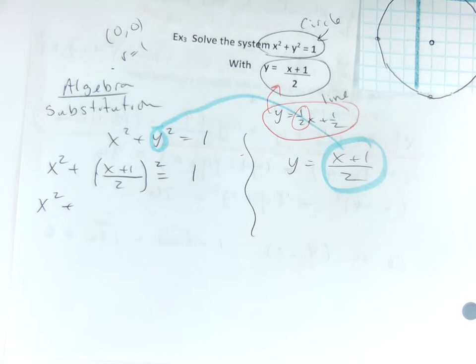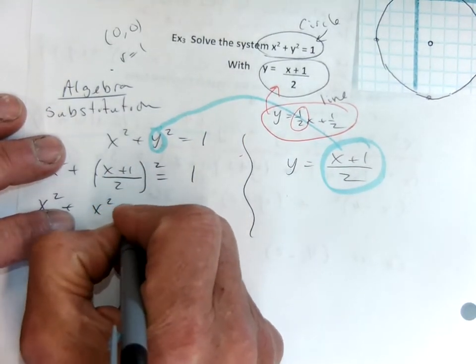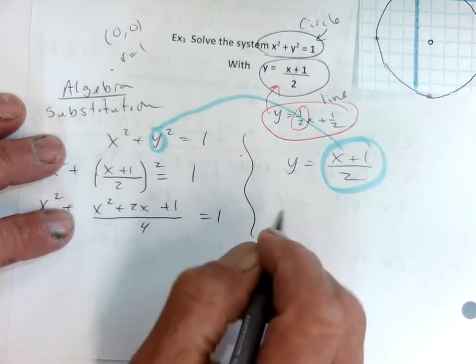And then over 4. Where did I get the 4 from? Over 4, right? Okay, so I'm going to rewrite this as x squared plus (x squared plus 2x plus 1)/4 equals 1. Okay? How am I doing?